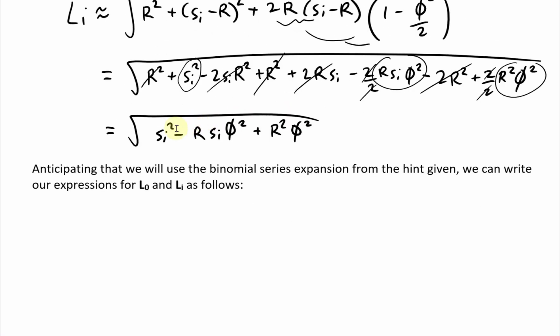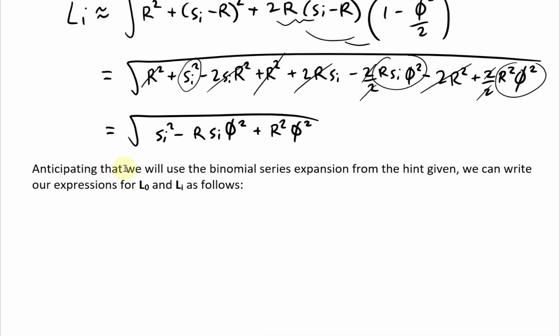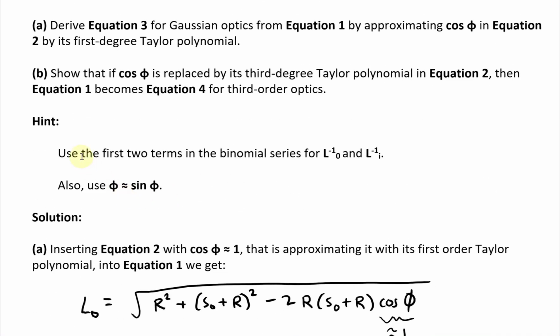Yeah, and now the next step is, now that we have these formulas for L naught and Li, anticipating that we will use the binomial series expansion for the hint given, we can write our expressions for L naught and Li as follows. And remember the hint right here above. The hint says use the first two terms in the binomial series for L naught to the power of negative 1 and Li to the power of negative 1.